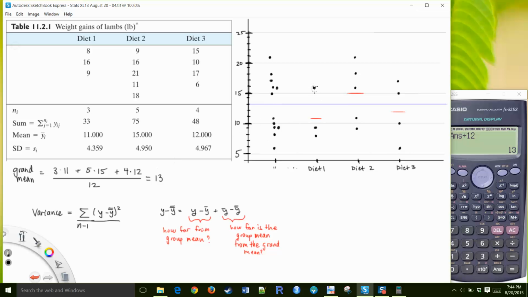But the group mean itself is 2 units away from the grand mean. We're breaking apart the total distance from the grand mean into these pieces here.